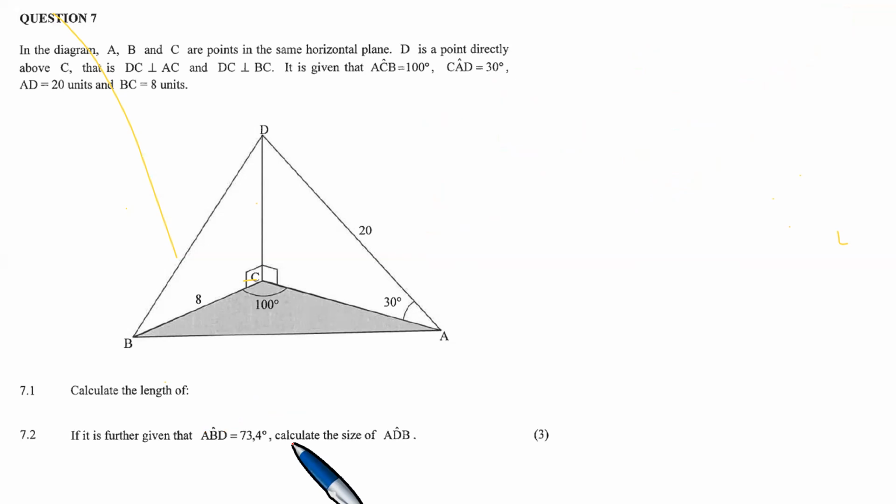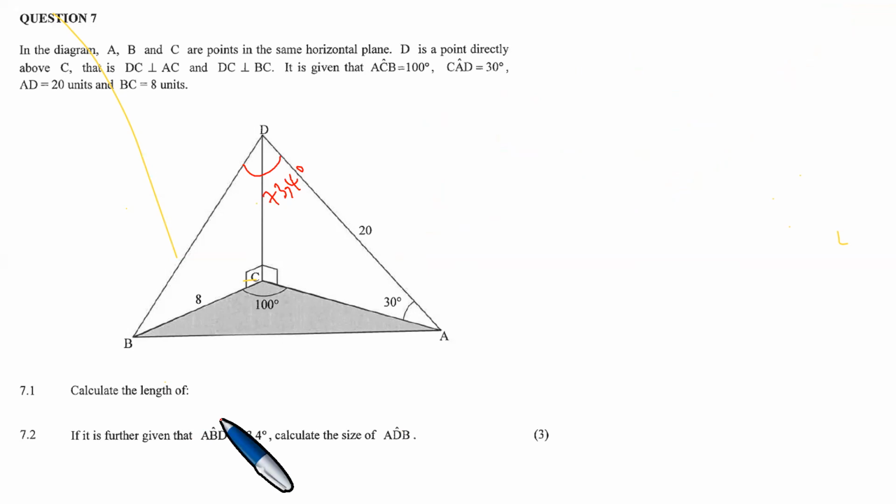Right, at this point, we also want to find, if it is further given that ABD, so you have ABD, this angle here, and it's given also as 73,4 degrees, calculate the size of ADB.